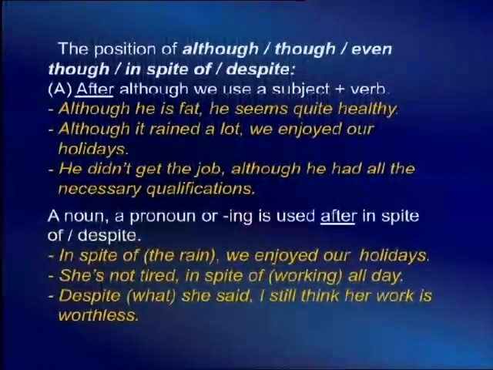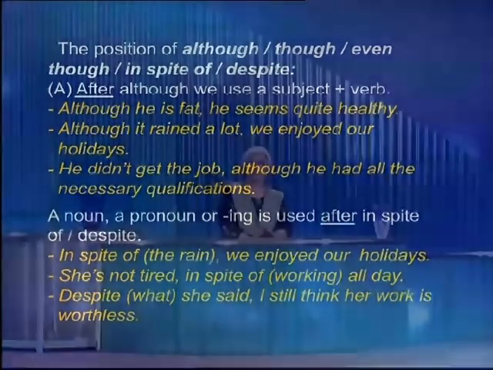Now we look at the 4th group of words and their position. The words are although, though, even though, in spite of, despite. Now, take the word although. After although, use a subject plus verb.